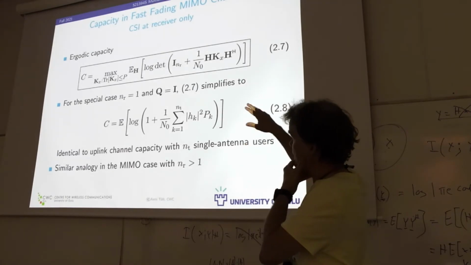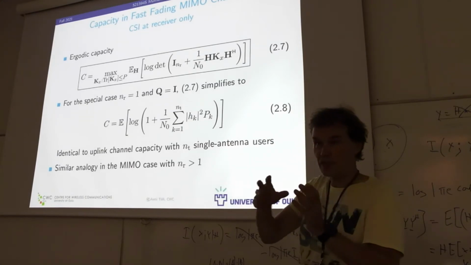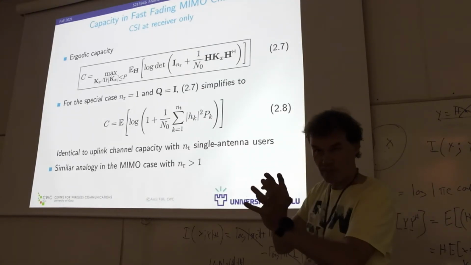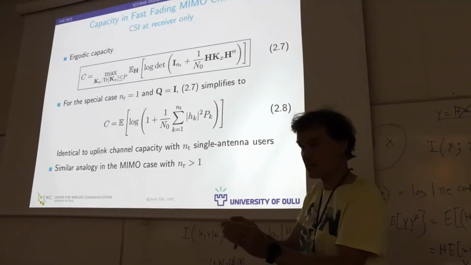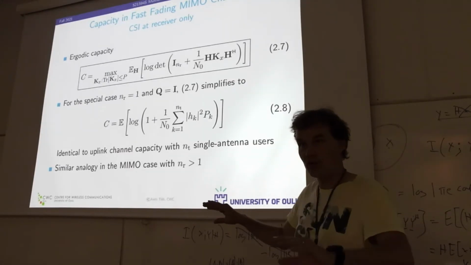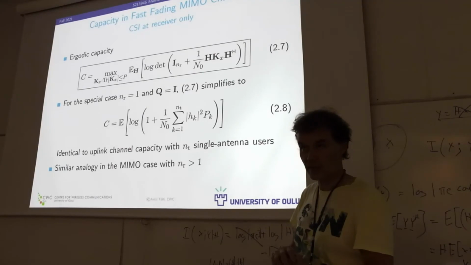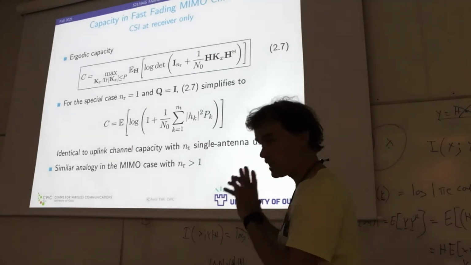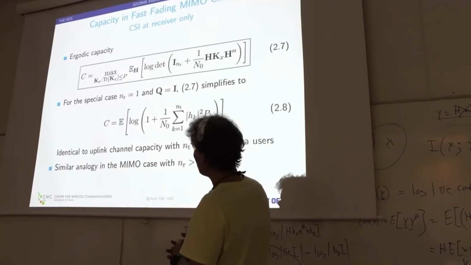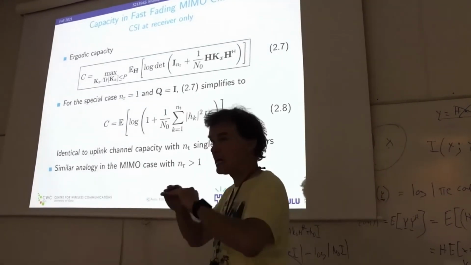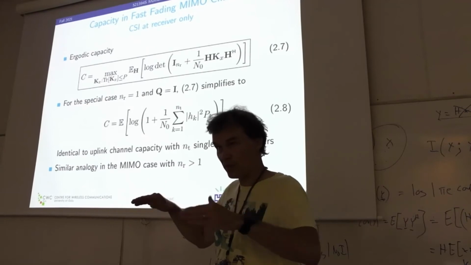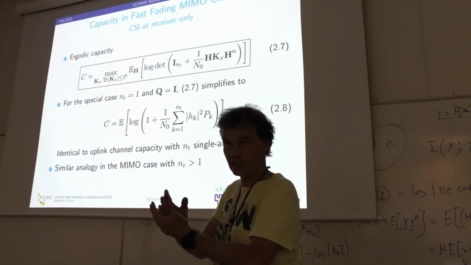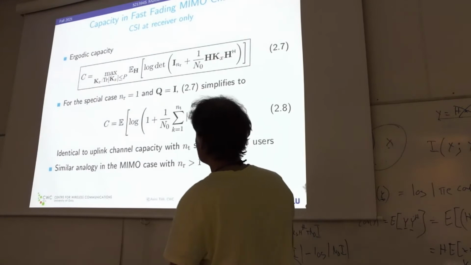But in practice, what you do is optimize the covariance matrices for each channel realization separately, and then compute the ergodic capacity. That's not strictly speaking the optimal strategy if you have an average power constraint. But if you have an instantaneous power constraint, that's the way to do it.